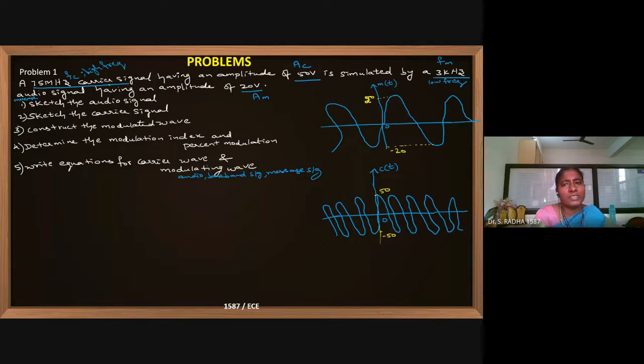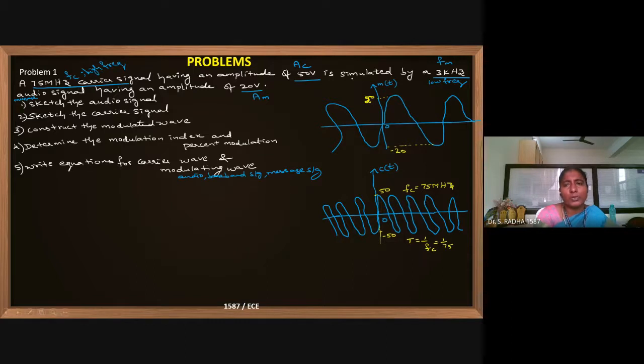Coming to the frequency, the carrier frequency FC is given as 75 megahertz. The time period is the inverse of frequency, which is 1 by 75, and based on that we can write on the x-axis.